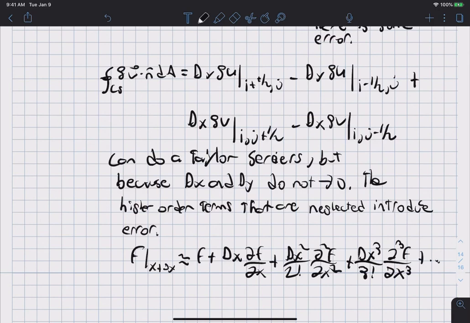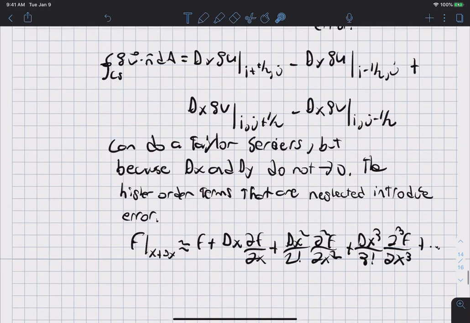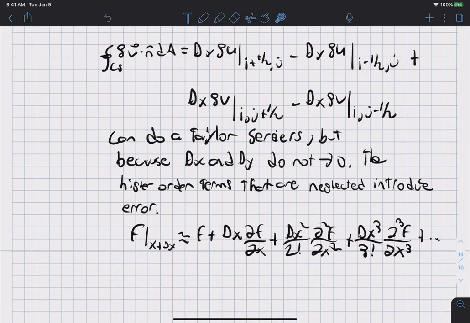So with finite volume, you can use Taylor series to approximate these values at the edge of each control volume. But because delta x does not approach 0, these higher order terms here actually contribute. And so there's a lot of games you have to play with approximating these edge fluxes.